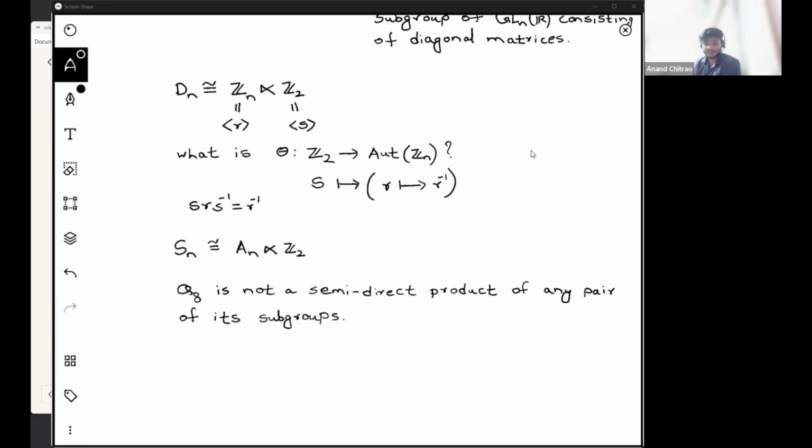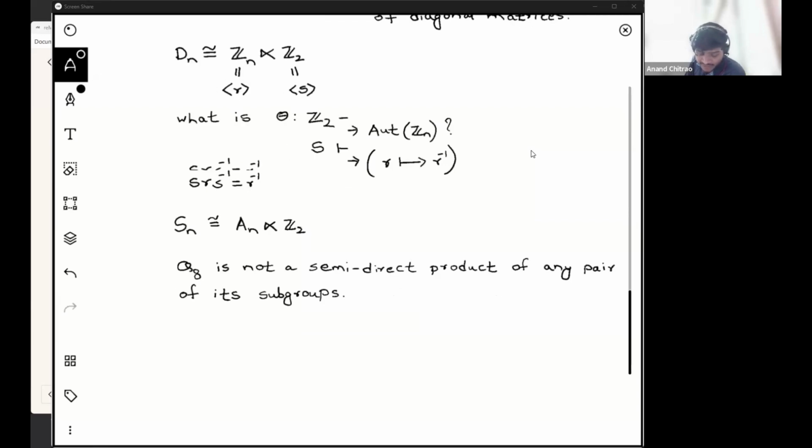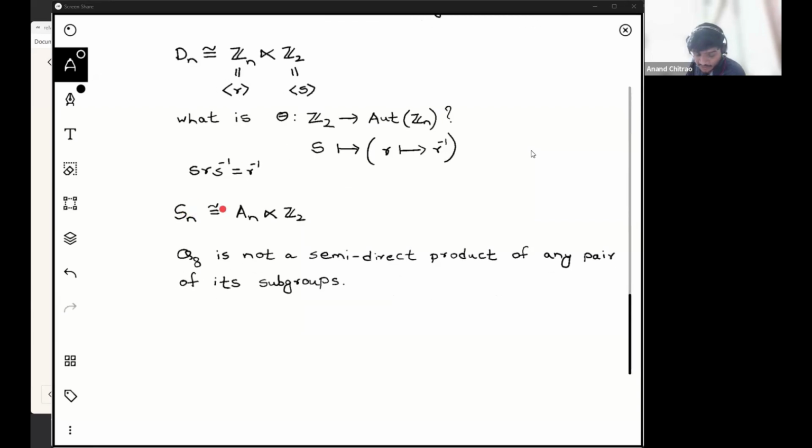Just to tell you why, whenever you take semi-direct products, here this is N and this is H, the intersection of N and H inside the new group you constructed is trivial. It consists of the singleton identity. In the Cartesian product, they don't intersect, right? They only intersect at the identity.